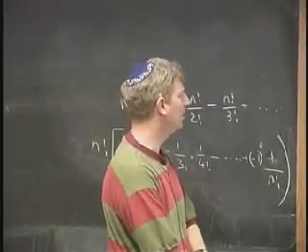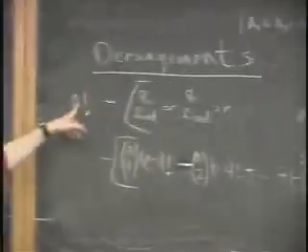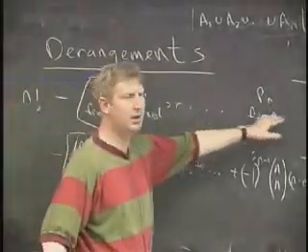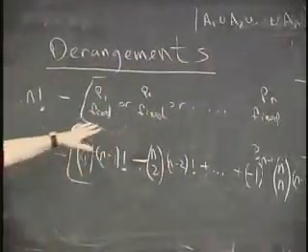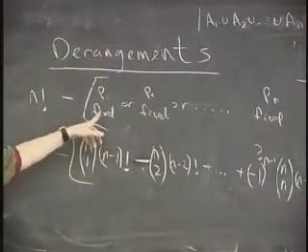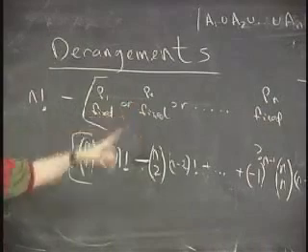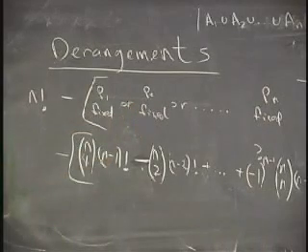N factorial is all the possibilities minus the possibilities where somebody gets their lunch back. Here the first person gets their lunch back. Here the second person gets their lunch back. Right? I don't see anything wrong with that. Wait, the problem is that you've already subtracted this from n factorial, right? Oh, right. I subtracted it all. Nothing's wrong. Sorry.